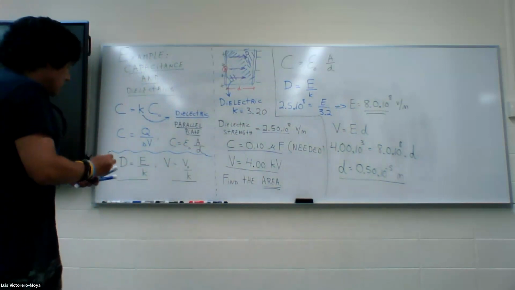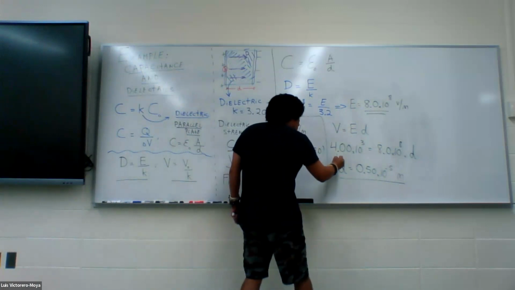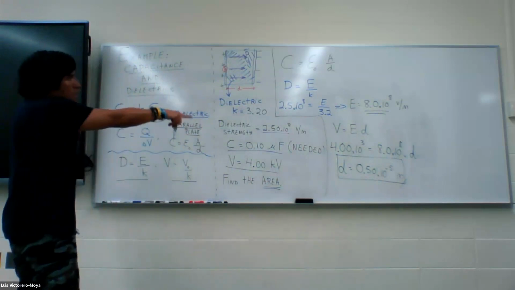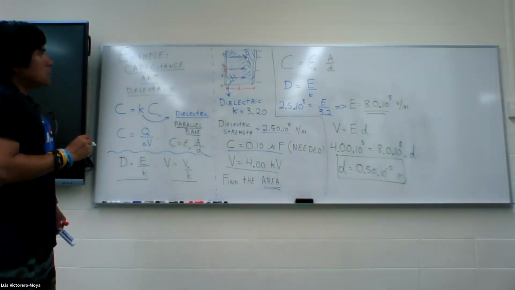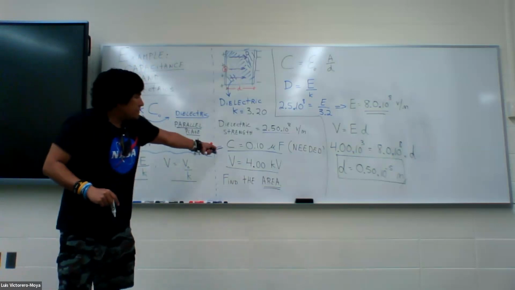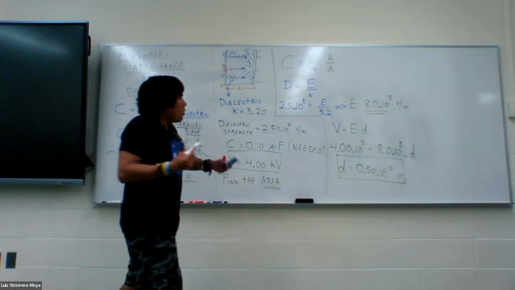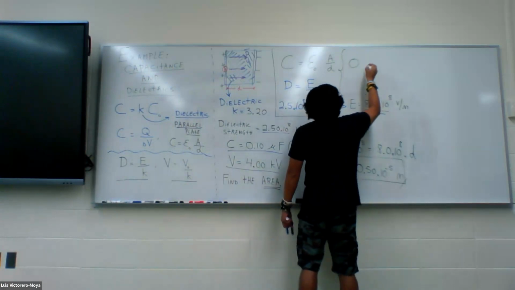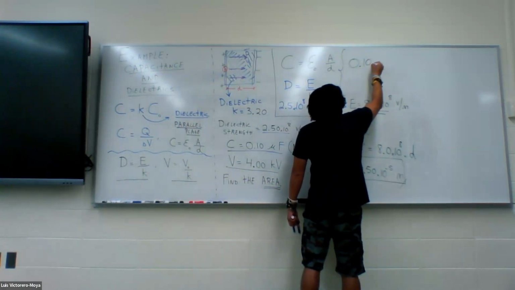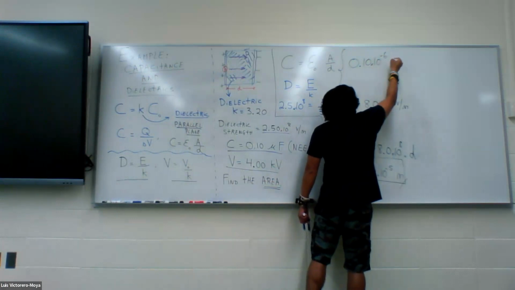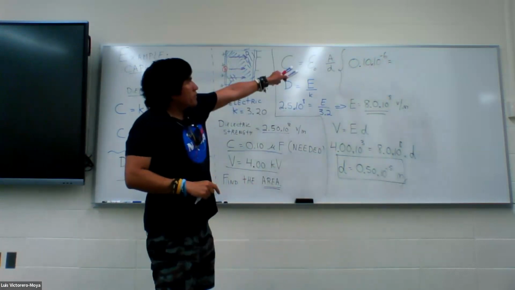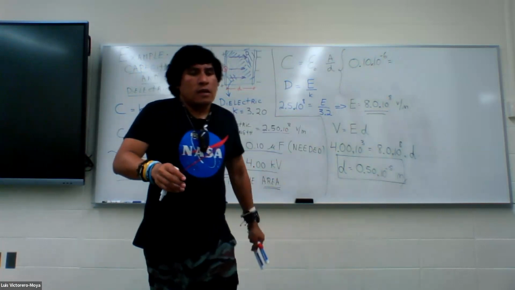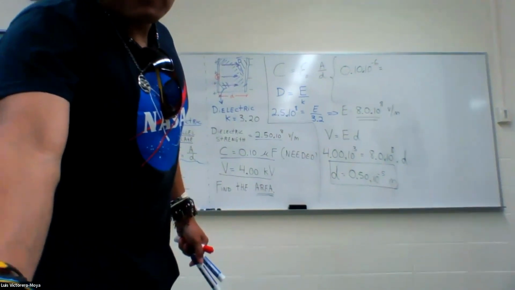So I have the distance. Now I can use that to find the area because I have the capacitance. 0.10 microfarads, which is 0.10 times 10 to the negative 6, equals epsilon naught, and epsilon naught is your constant, right?